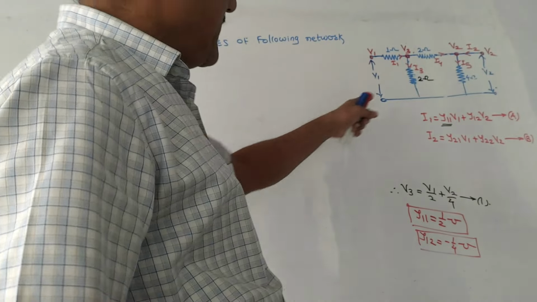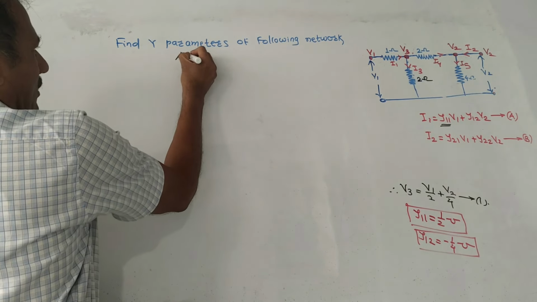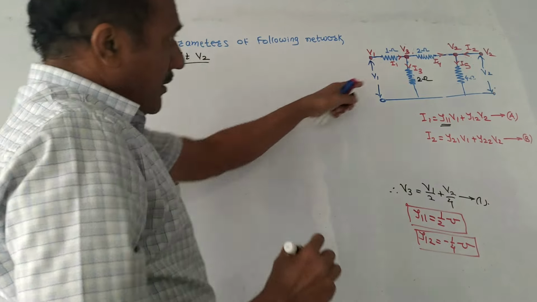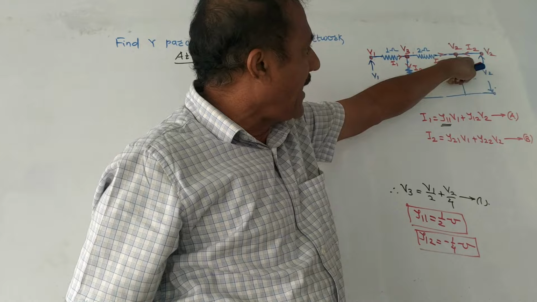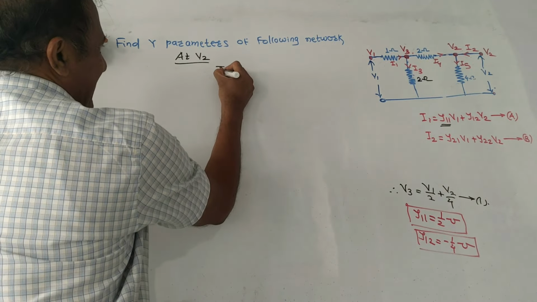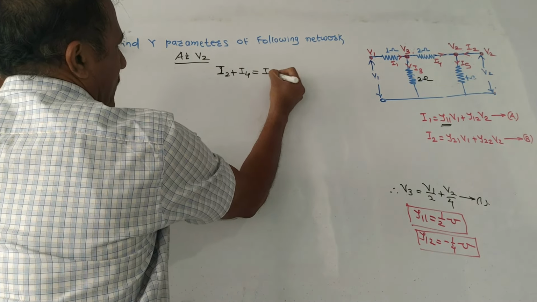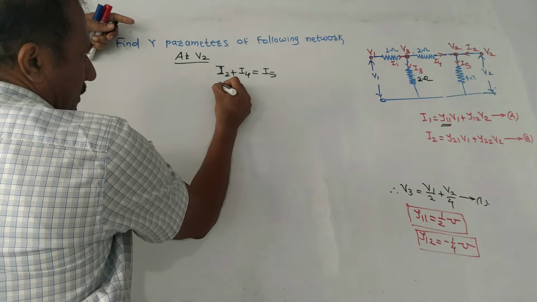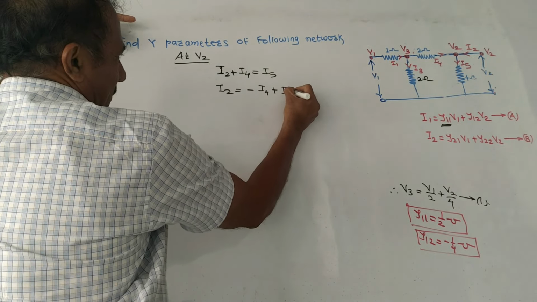Let us apply KCL at another node, that is V2. So at V2, we can apply KCL like this. Incoming currents are I4 and I2. Outgoing current for V2 is I5. So I can write it like this: I2 plus I4 is equal to I5. I want the equation of I2. Therefore, I2 is equal to minus I4 plus I5. Very simple.